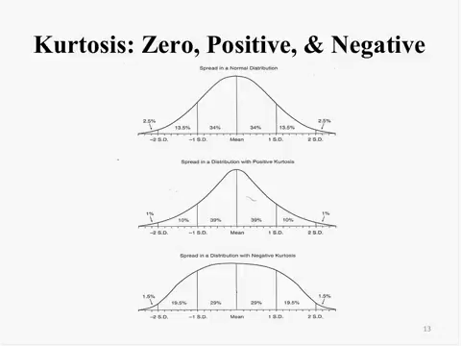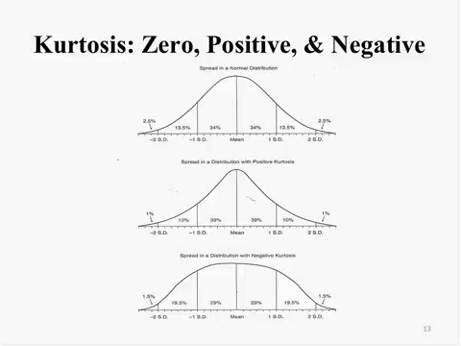But when you've got a distribution with a positive kurtosis, you notice that the percentages change, as they do with the spread of the distribution with negative kurtosis. So kurtosis has a tremendous influence on the presence or the location of various data points within a frequency distribution.